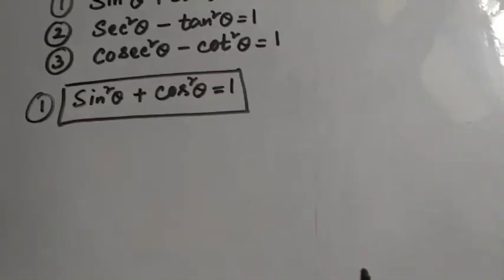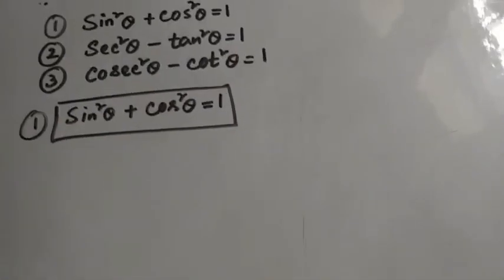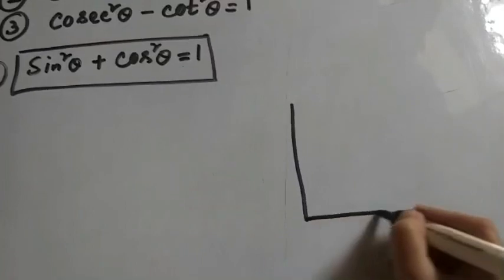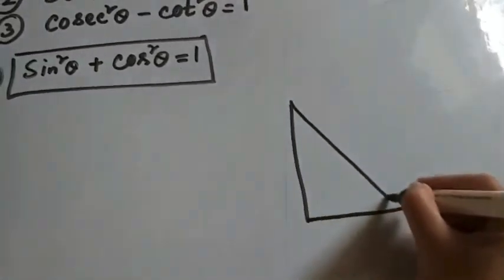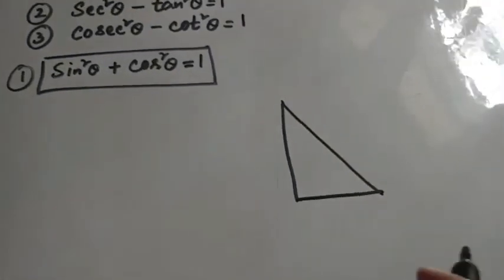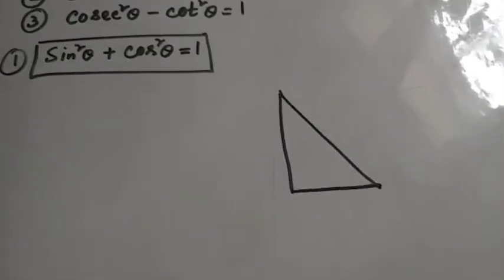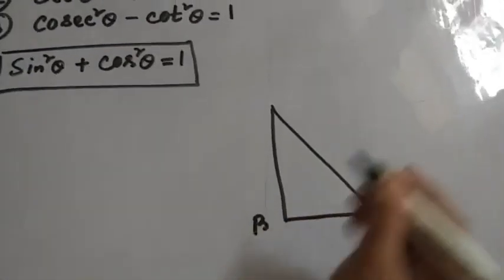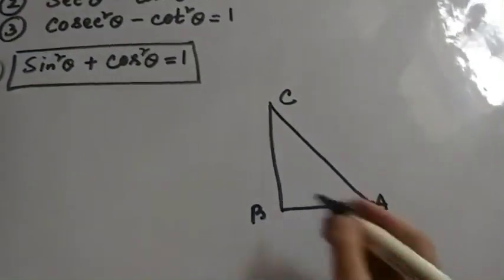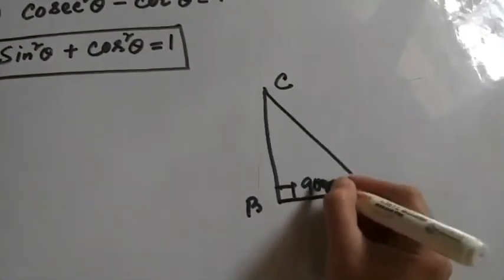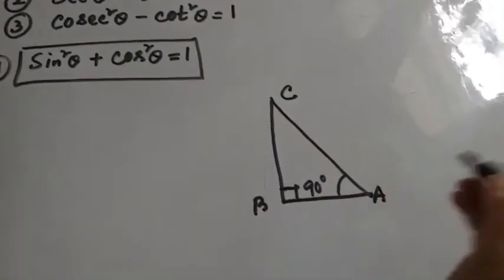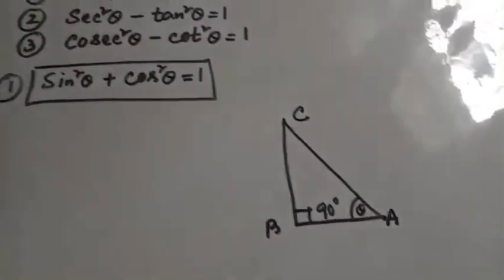To prove this formula, first we have to consider a right angled triangle. In trigonometry, all the time you have to remember that you have to consider a right angle triangle. A, B, C. This angle is always 90 degrees, and suppose I am assuming that angle A is theta.